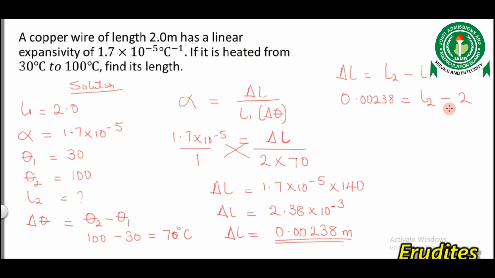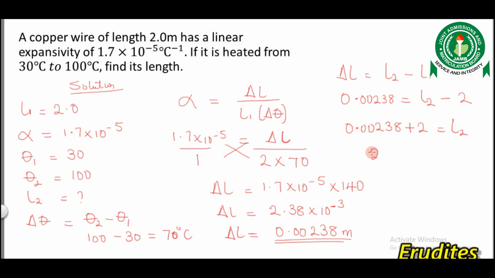So if I take this 2 to the other side of the equation, this minus 2 will become plus 2. So that would be 0.00238 plus 2 is equal to L2.